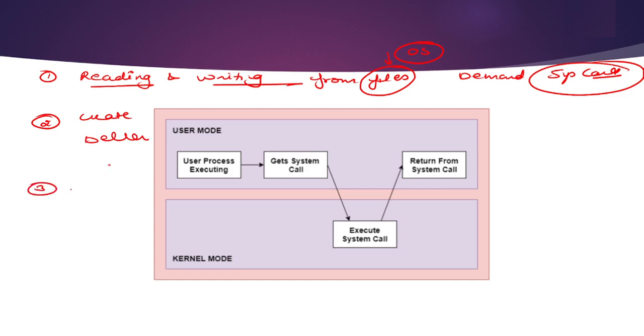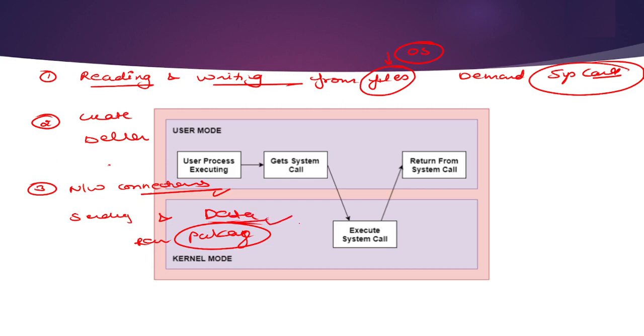The third important benefit is network connection. Network connections need system calls for sending and receiving packets. We are talking about data files or data packets here. And the fourth important advantage is that if our process wants to access hardware devices connected to the system, like a scanner or printer, we always need system calls.